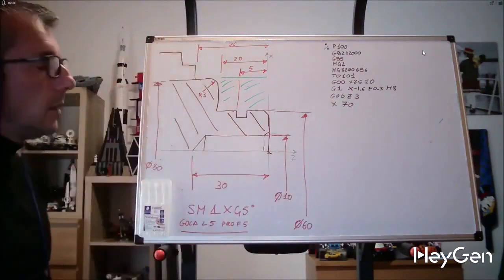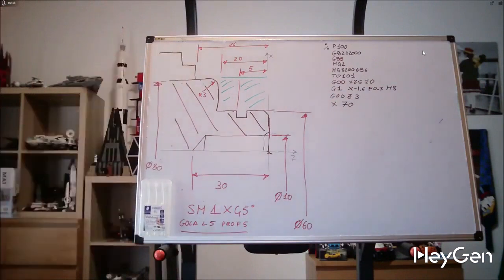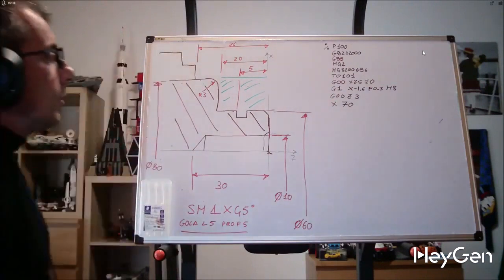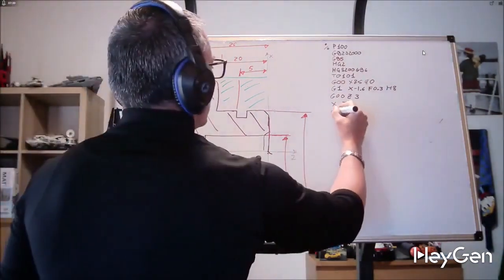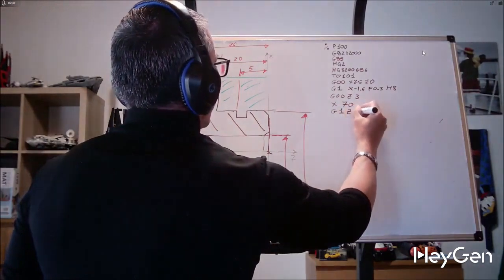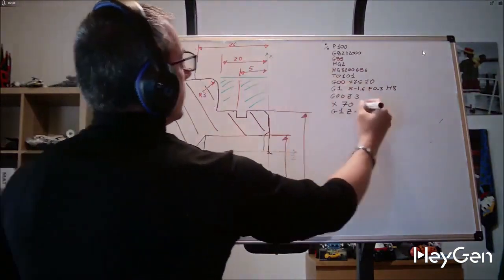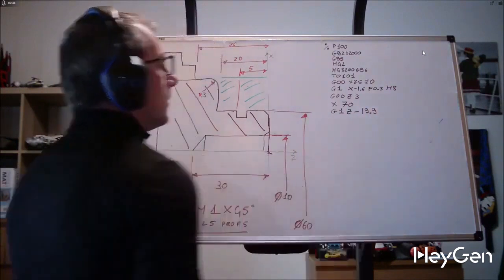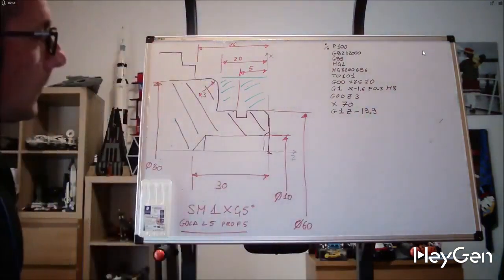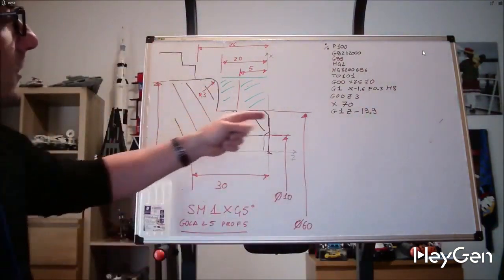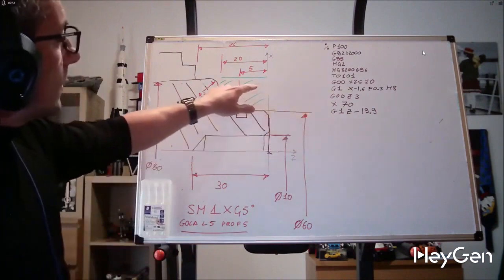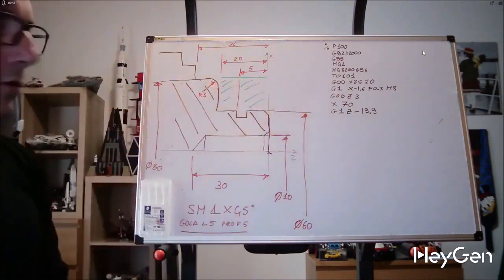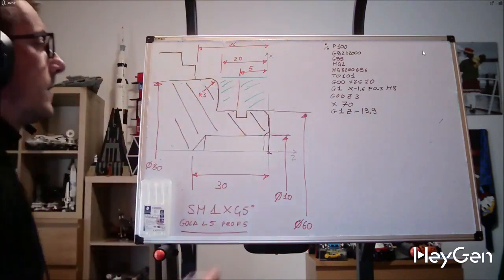So here, G1, Z19.9. I have roughened the first part. Now there are two ways to proceed.